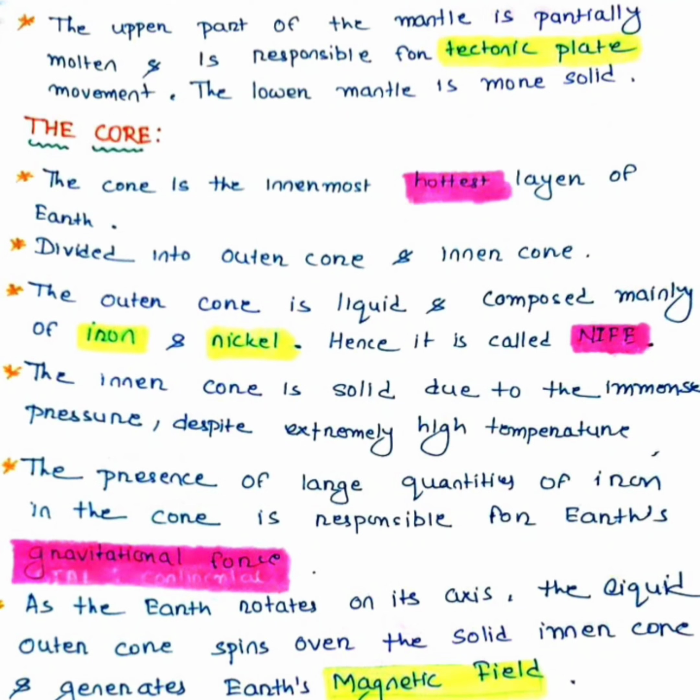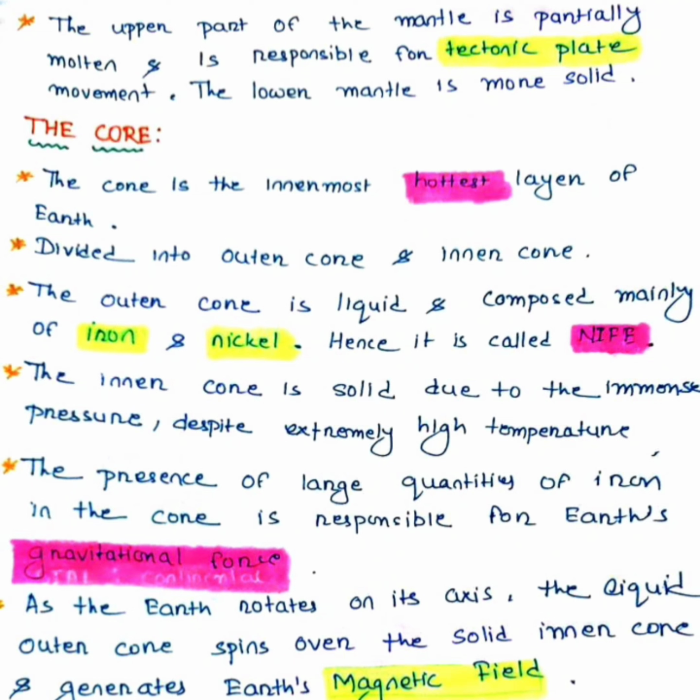The presence of large quantities of iron in the core is responsible for Earth's gravitational force. As there are large quantities of iron and nickel present in the core, that's why there is the gravitational force of Earth. And also it generates the magnetic field.